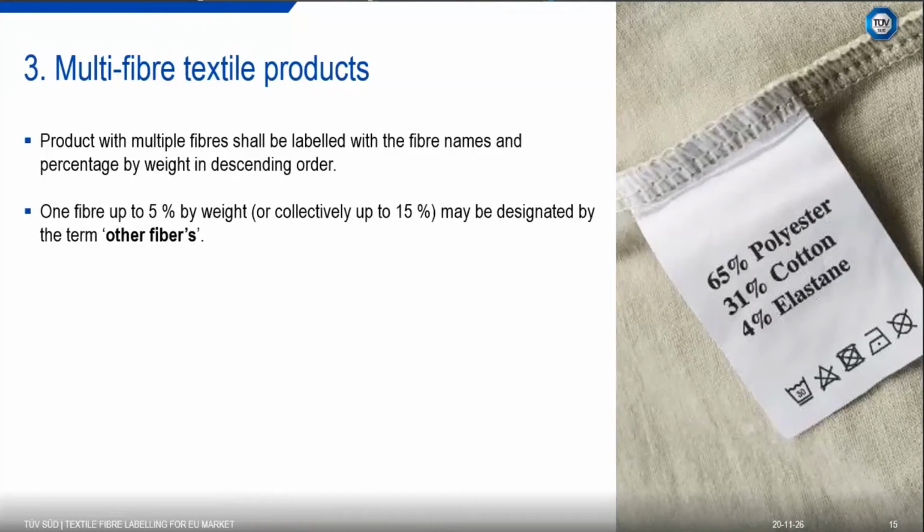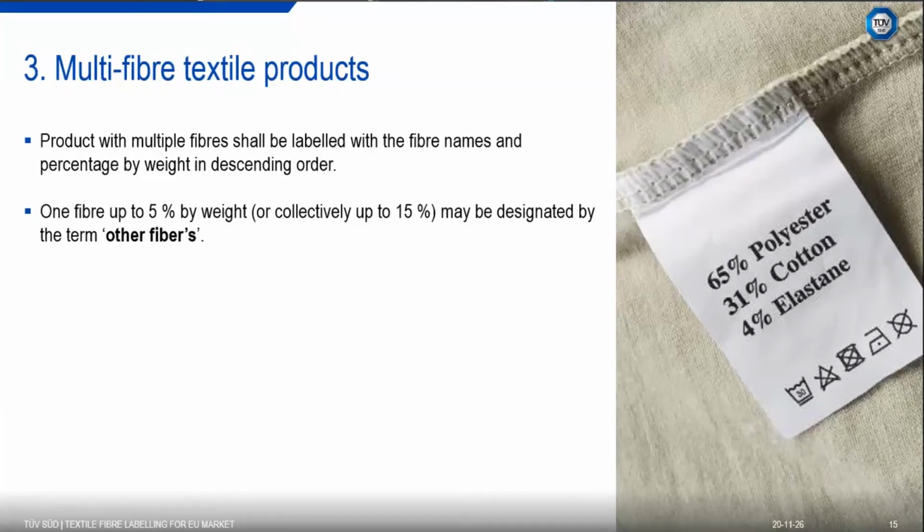Like in the example you can see on the right-hand side, 65% polyester, then 31% cotton, 4% elastin. So the 65, 31, 4 descending order has to be maintained. It cannot be changed, like 31% cotton, 65% polyester, and 4% elastin. That would be wrong. So it is right as shown in the label. It always has to be in descending order of their constituent composition.